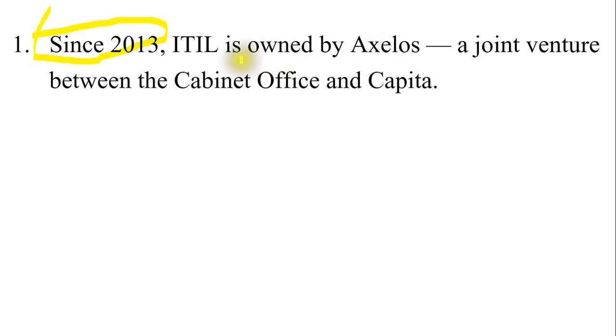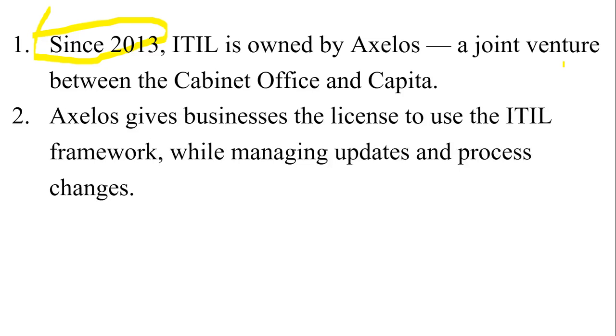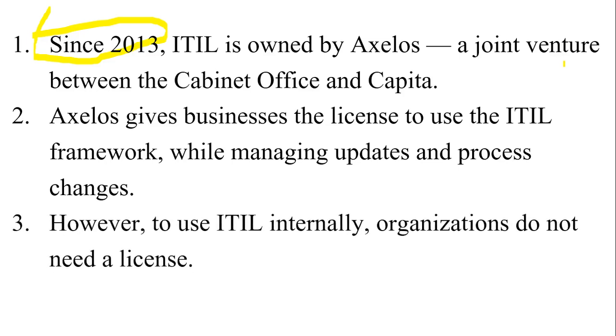ITIL is owned by AXELOS, a joint venture between the Cabinet Office and Capita. AXELOS gives businesses a license to use the ITIL framework while managing updates and process changes. So they have full control over it now. However, to use ITIL internally, the organization does not need a license.